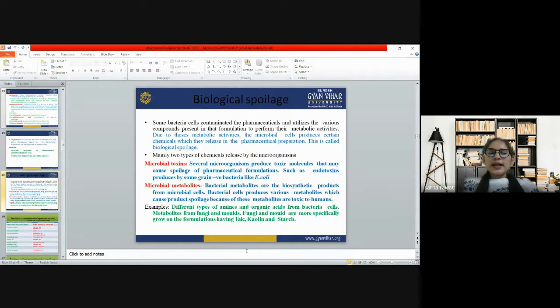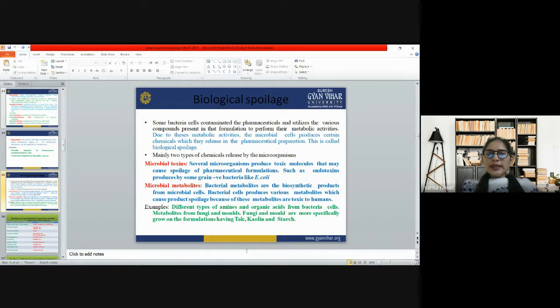Now, the next kind of spoilage is biological spoilage. Some bacterial cells contaminate the pharmaceutical and utilize various compounds present in the formulation for their metabolic activity. Due to this metabolic activity, the microbial cell produces certain chemicals which they release in the pharmaceutical preparation, and this is called biological spoilage.